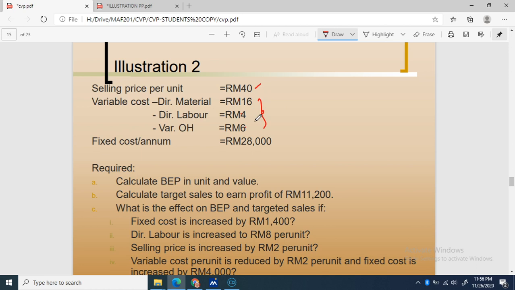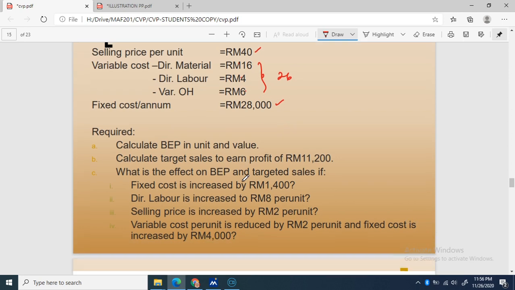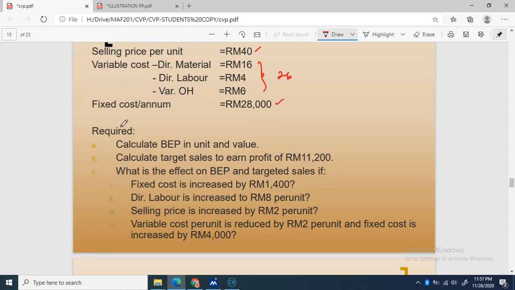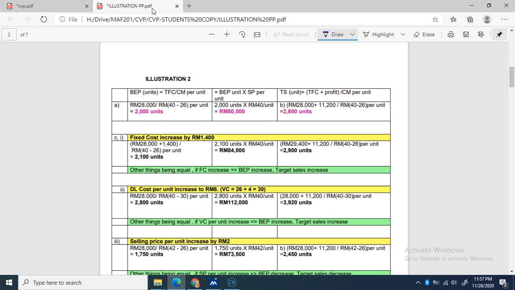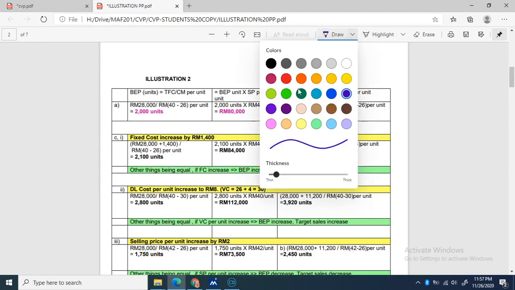The total variable cost will be 26 ringgit. Fixed cost is 28,000. A, you have to calculate BEP in units and value. B, you have to get target sales if the profit is 11,200. Now we refer to the example here.